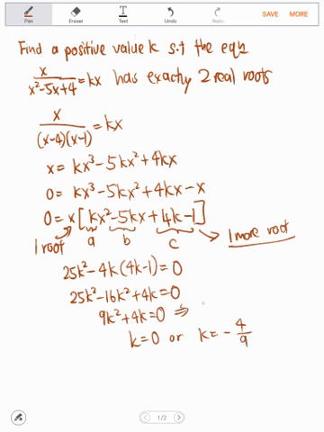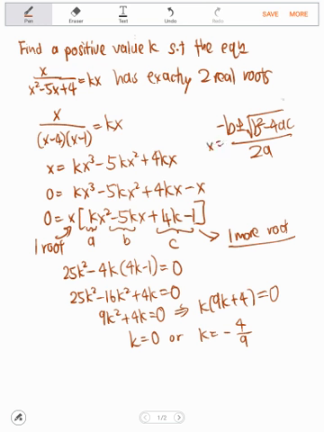Because this will become k(9k plus 4) equals 0. Right, k equals 0 is unacceptable because in minus b plus or minus the square root of b squared minus 4ac, over 2a, if a is 0, then you don't get a root.